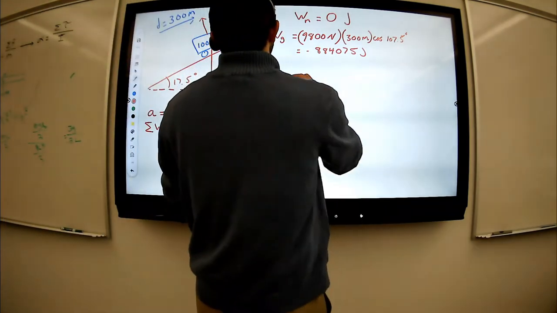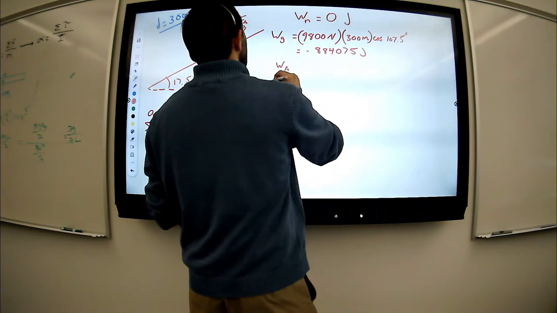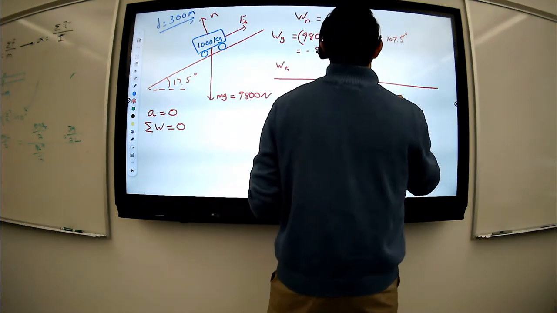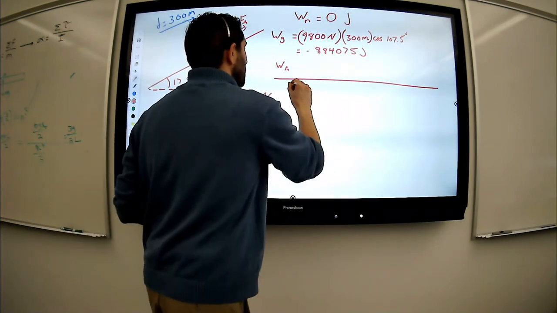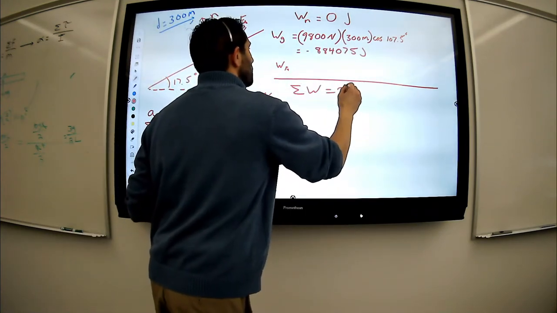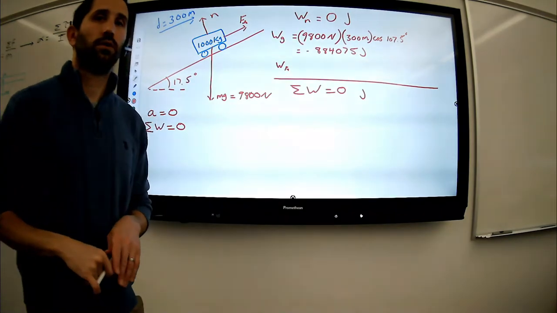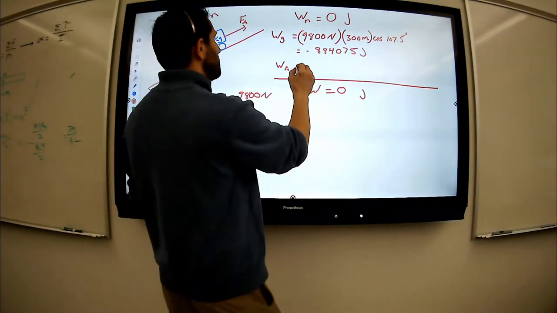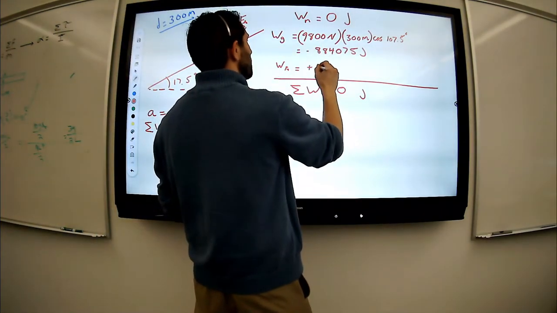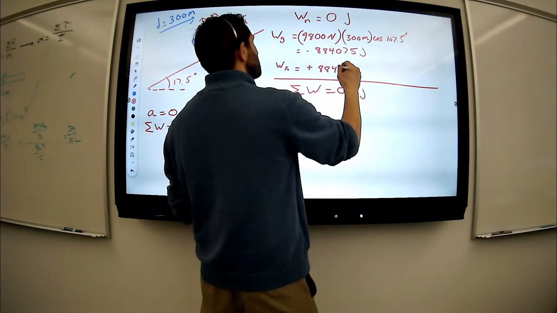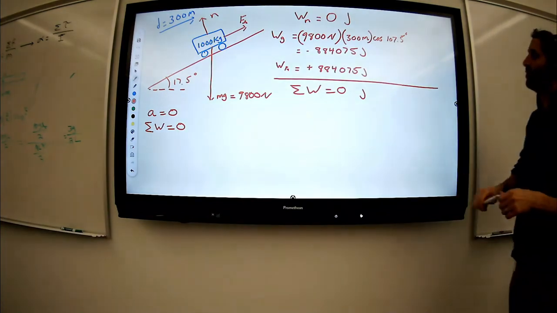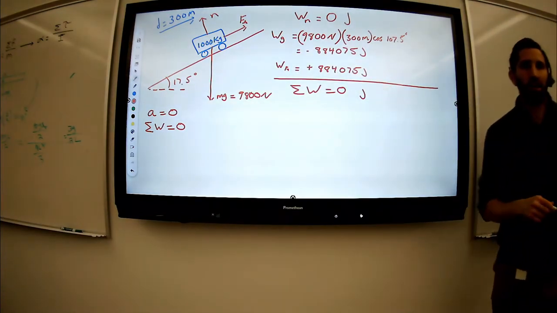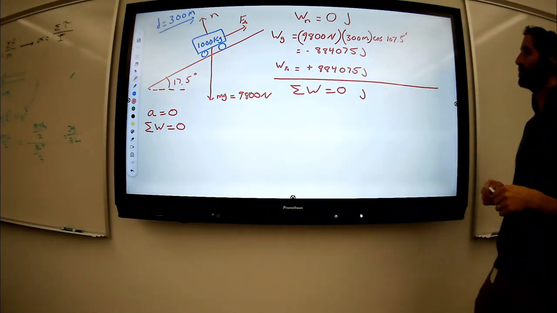So whatever the work done by the applied force is, when we add up all 3, we have to get a total work of 0 joules. So that means this must be positive 884,075 joules. Okay, so the work done by the applied force is positive 884,000 or so joules.